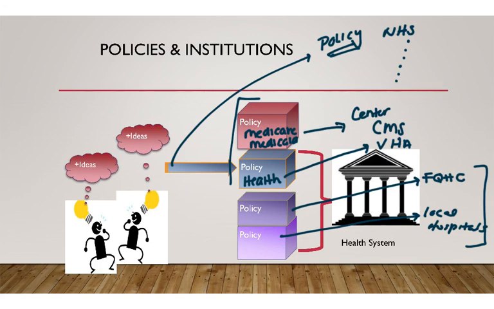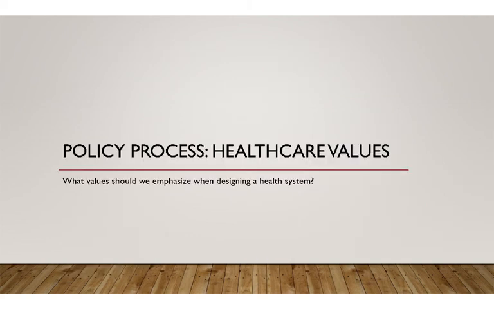So some countries had more of a global plan on healthcare, like Britain. In the United States, we have a fragmented system that are just a combination of policies that have been enacted over the years.